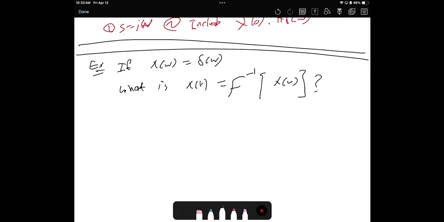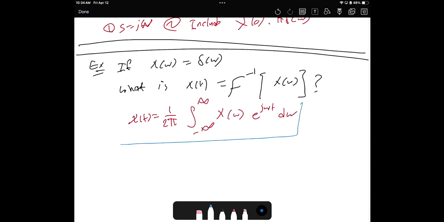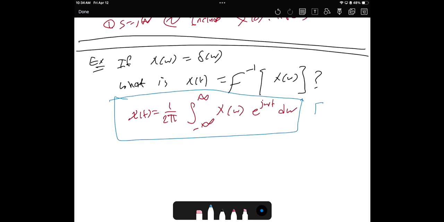There is a general formula: x(t) equals 1 over 2 pi, the integral from negative infinity to infinity of X(omega) e to the power j omega t. So you need to be familiar with this equation, the inverse Fourier transform.